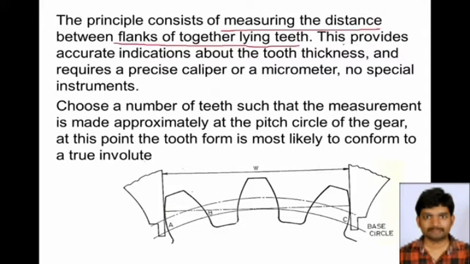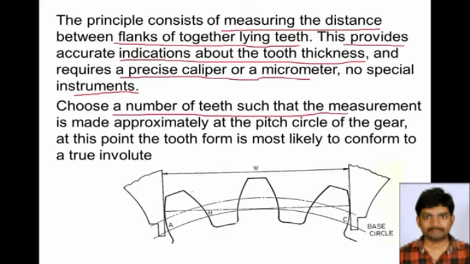This provides accurate indications of the tooth thickness and requires a precise caliper or micrometer, and no special instruments are needed. So choose a number of teeth such that the measurement is made approximately at the pitch circle of the gear. At this point, the tooth form is most likely to conform to a true involute.